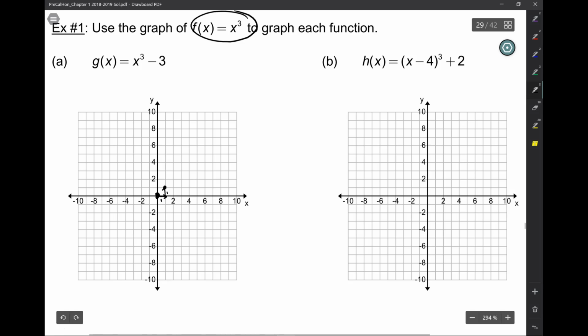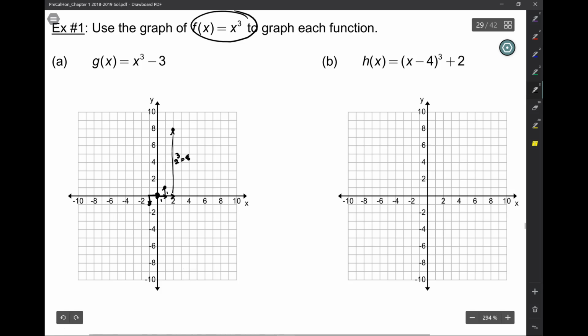That means if I go over 2 spaces from my center, I go up how much? 2 cubed, 8. And now I know that if I went to the left 1 space, I'm going to go down 1 cubed, 1.